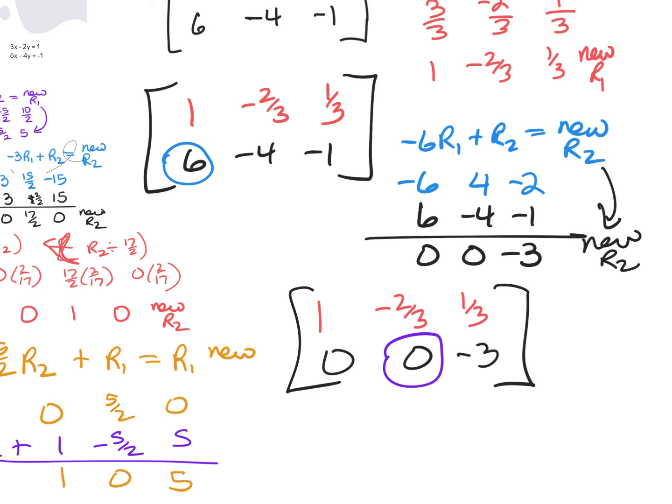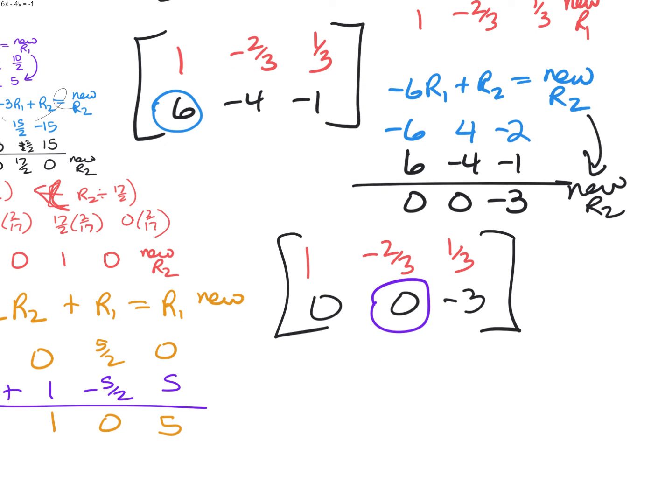I can't get a 0 to turn into a 1. So as soon as you see that, because it would be undefined, I can't divide 0 by 0 and make it into a 1. Soon as that happens, no solution. So if you end up with a 0 in a spot that's supposed to be a 1, the answer is no solution.